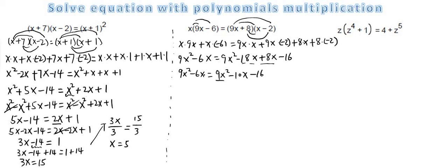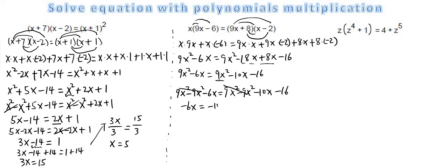So for 9x squared, we're gonna subtract 9x squared for both sides, and we can cancel out. Negative 6x equals negative 10x.